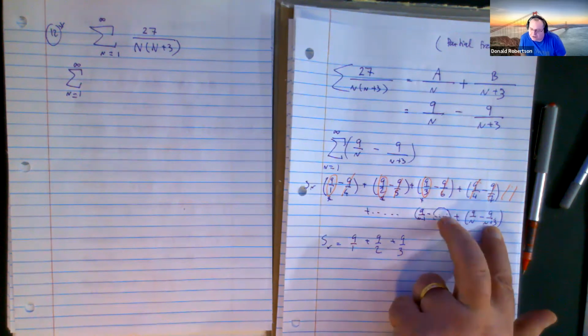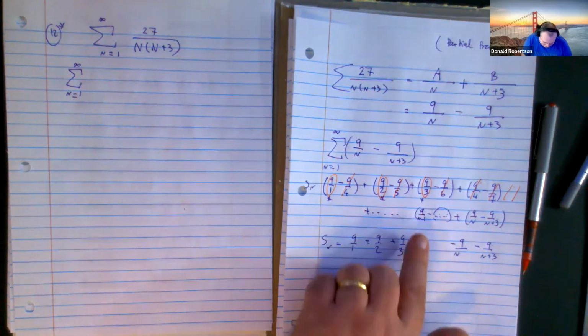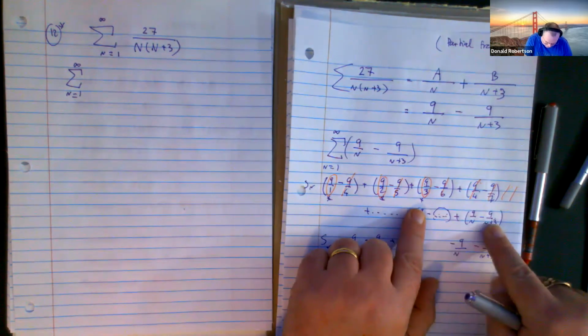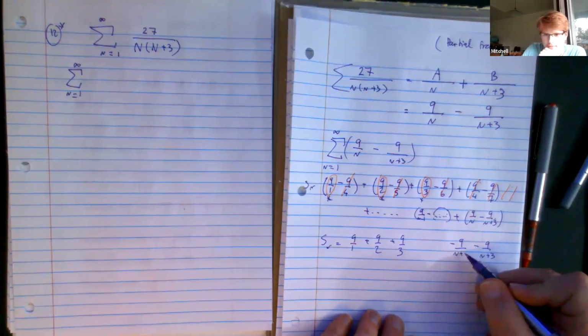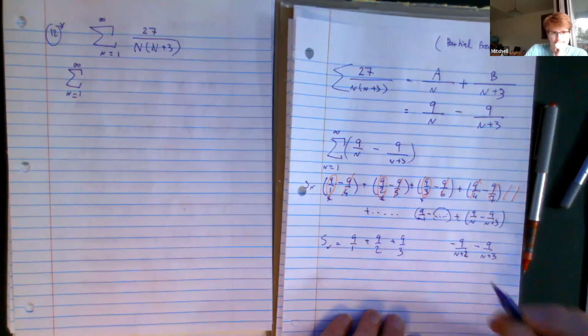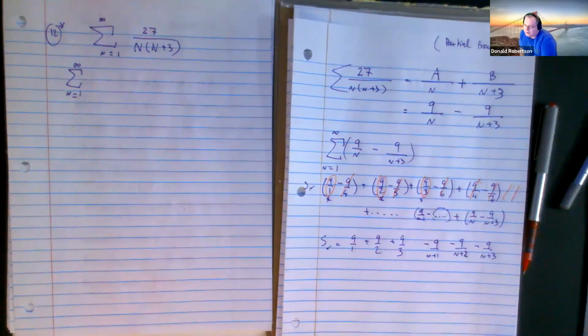This is n plus 3. What would the one just before n plus 3 be? Any suggestions? 9 over n plus 2. Yeah. And once you've seen a couple, can you kind of predict that's going to be the third one?